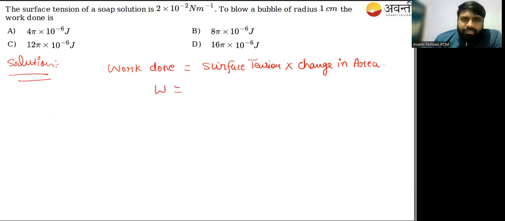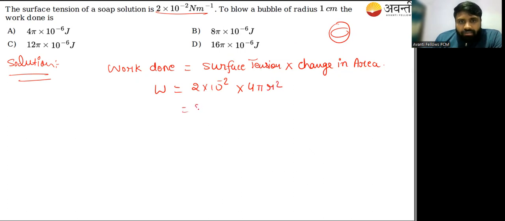So work done we need to find out. Surface tension is given to you, 2 into 10 raised to the power minus 2, multiplied by change in area, which is also given to you, because initially there is no bubble. Finally we have a bubble of radius 1 centimeter. The bubble has a spherical shape, so the spherical surface area is 4 pi r square. 2 into 10 raised to the power minus 2, 4 pi r square will be 1 into 10 raised to the power minus 4, because it is 1 centimeter square, so you need to convert it into meter square.